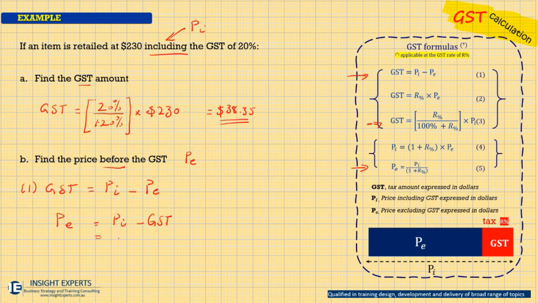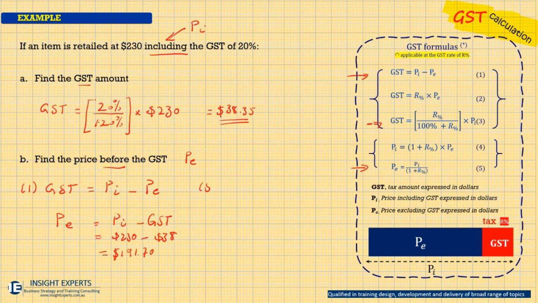And therefore, that is equal to roughly $191.70 to the nearest 10 cents. Now let's go ahead and use formula number 5 as well.